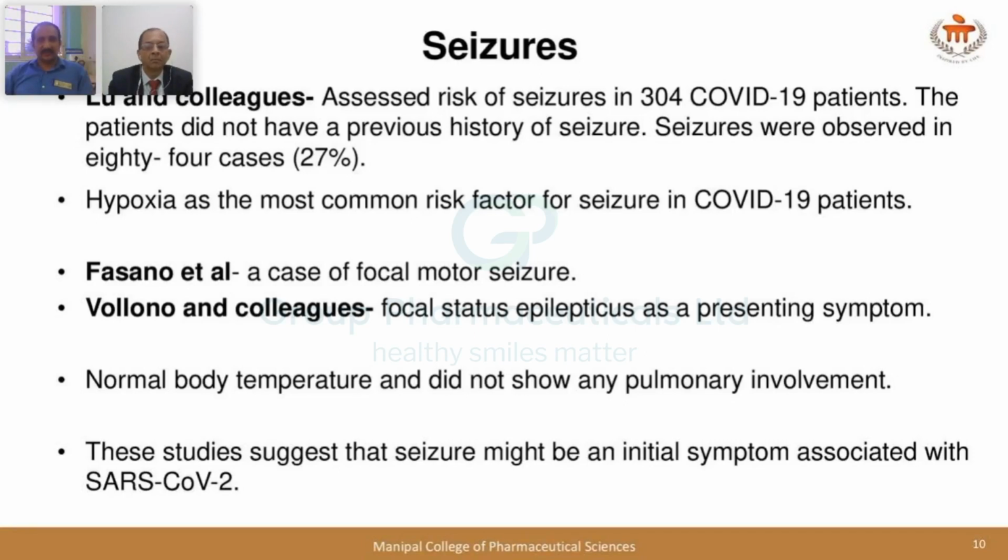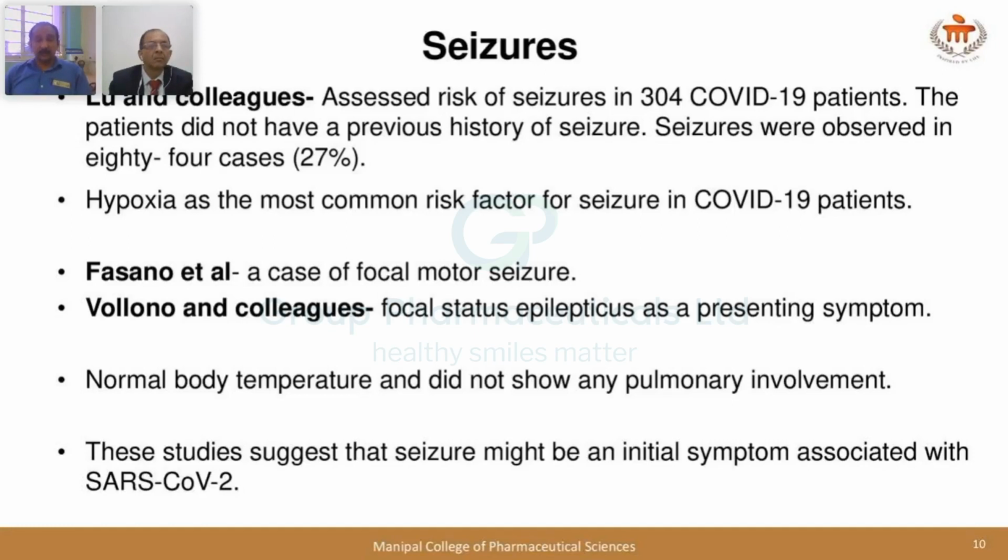They assessed around 304 COVID-19 patients, and these patients did not have any history of seizures. However, seizure was observed in 27% of this population, that is around 84 cases.